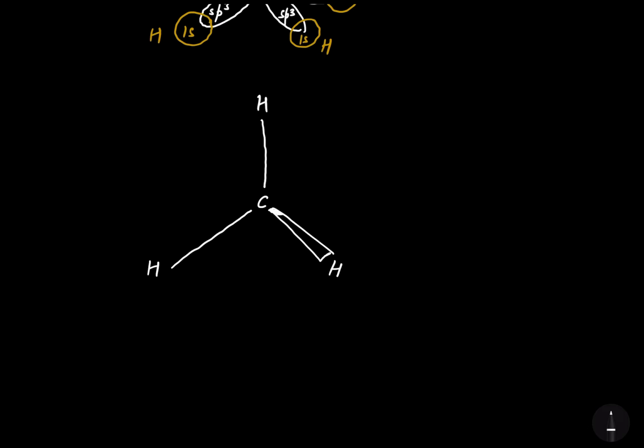Just imagine it in 3 dimensions. And this hydrogen is called a dash. The dash bond is going into the screen, the wedge bond is coming out of the screen, and the other two are on the screen.